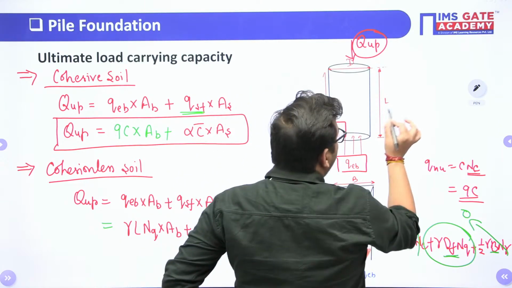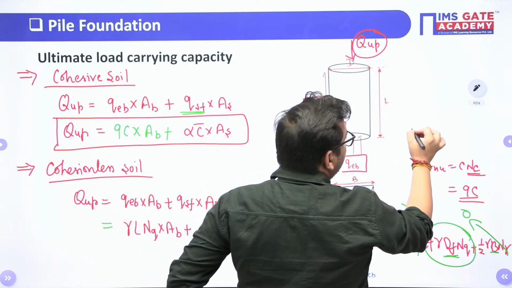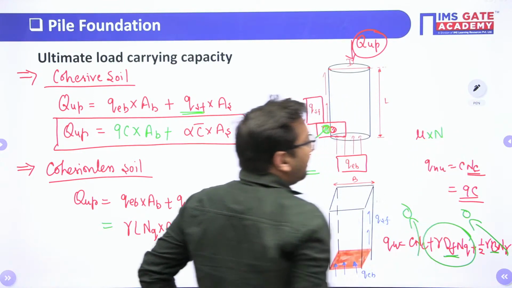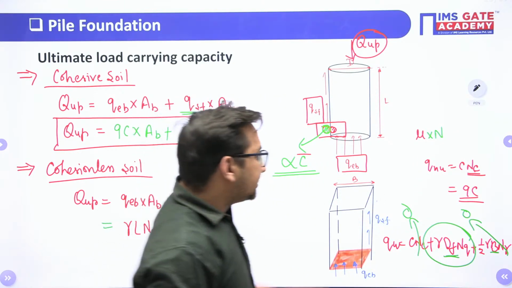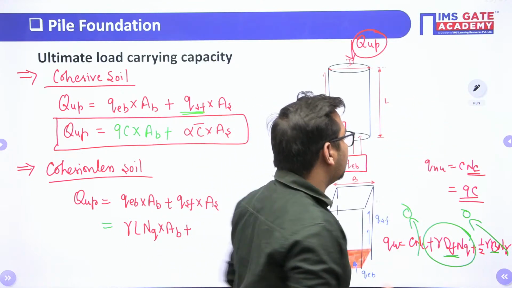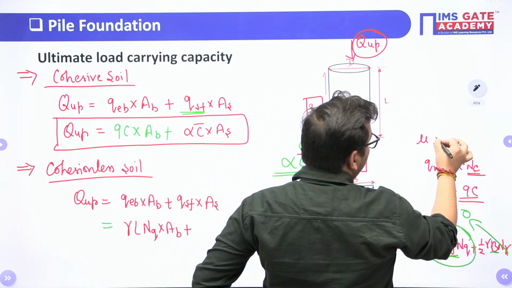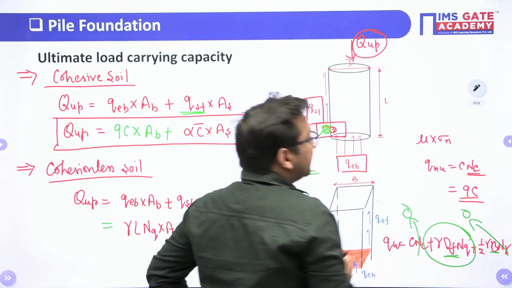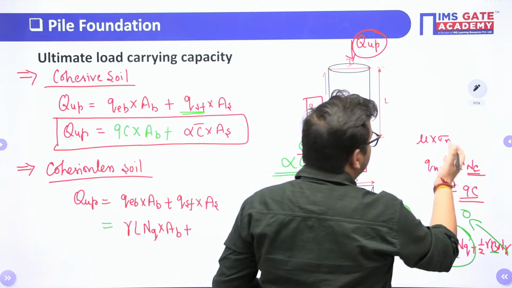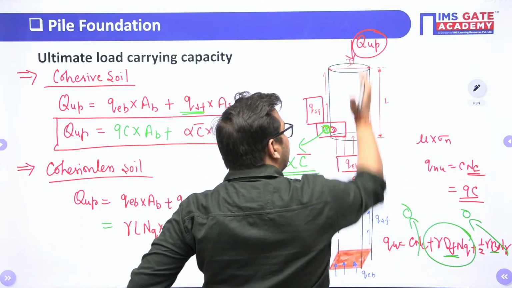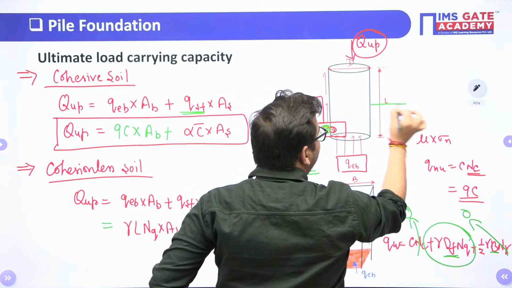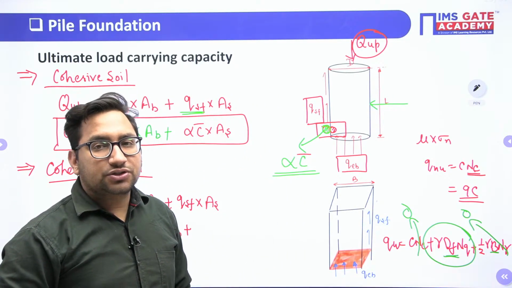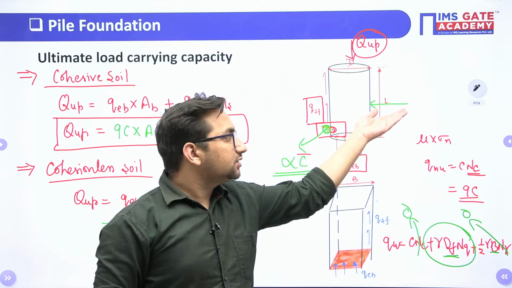Now we know that friction is equal to mu into normal force, or stress value if I take, it will be mu into sigma, or normal stress value. If I am taking this particular surface, the normal stress value will be this. Yes or no?